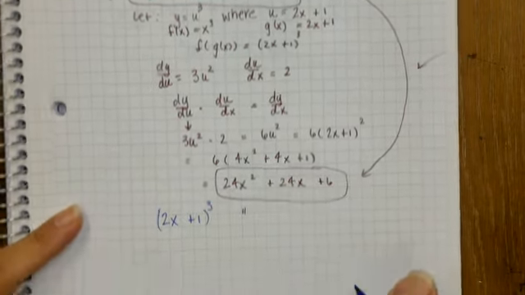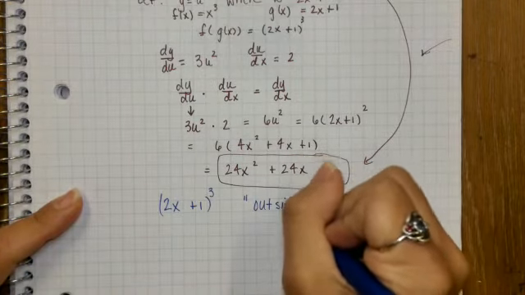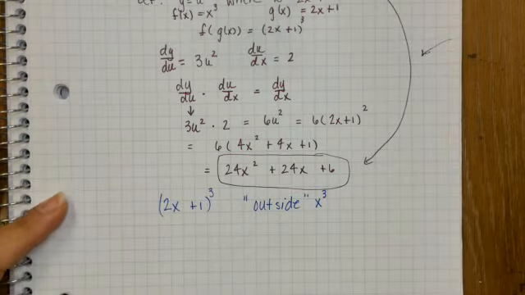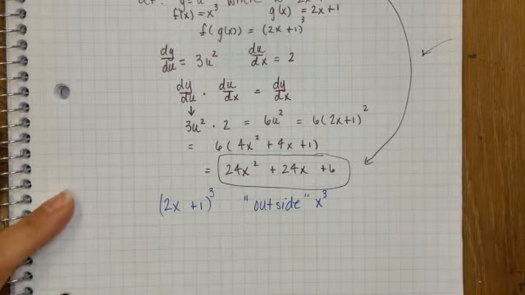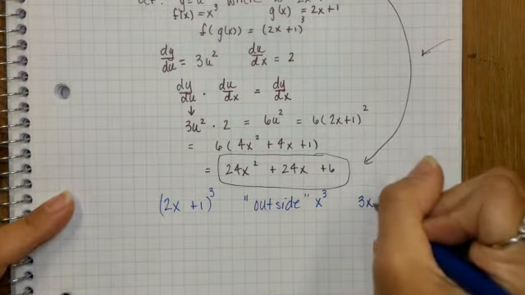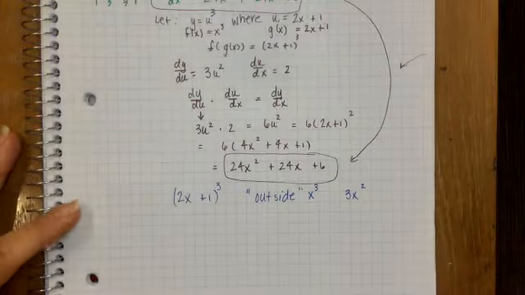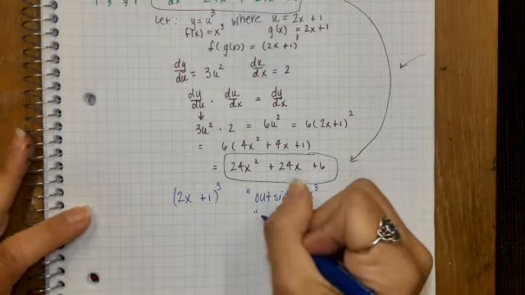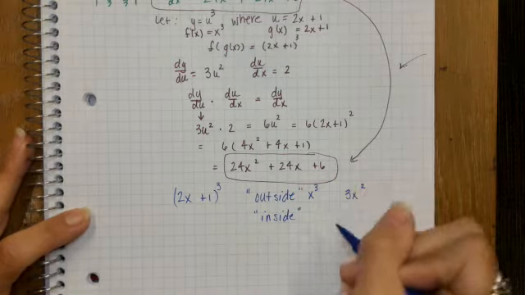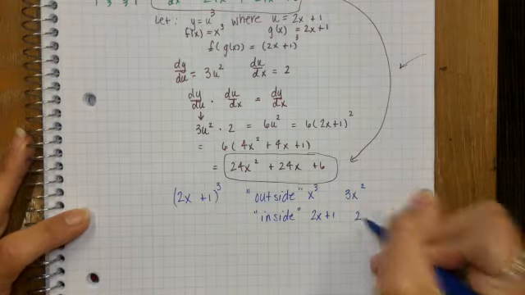So the outside is x cubed. So the derivative of that is 3x squared. The inside function is 2x plus 1, and the derivative of that is 2.